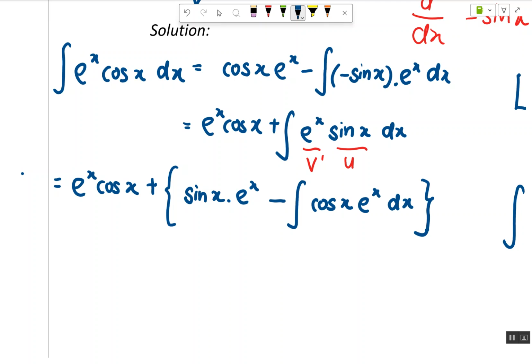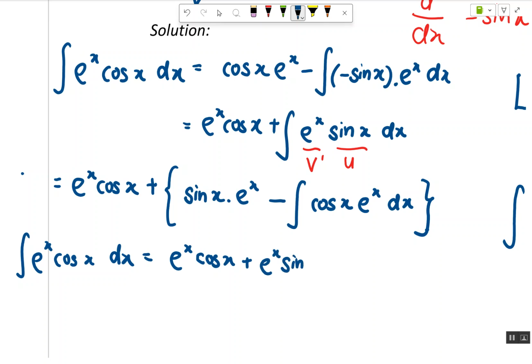So be careful, this is the equal sign: the integral of e to the power of x cosine x, which is the question that I'm looking for, is equal to e to the power of x cos x, break up the bracket, plus e to the power of x sine x, minus the integral of e to the power of x cosine x dx.